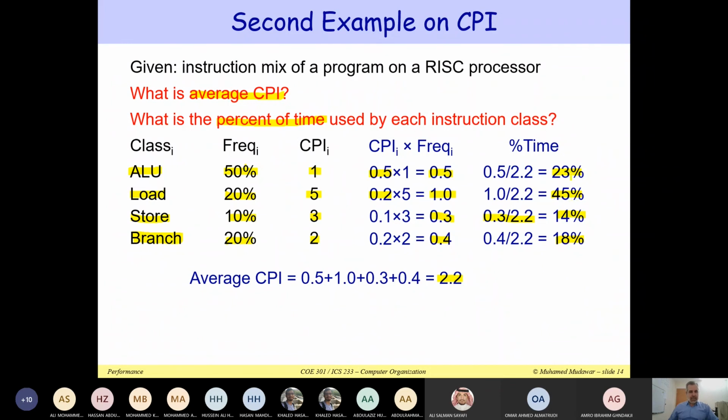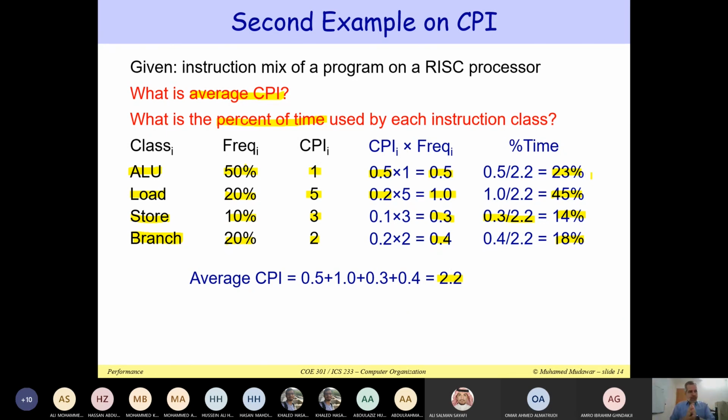So even though the ALU instructions are 50% of the instructions, they only consume 23% of the total execution time of the program.